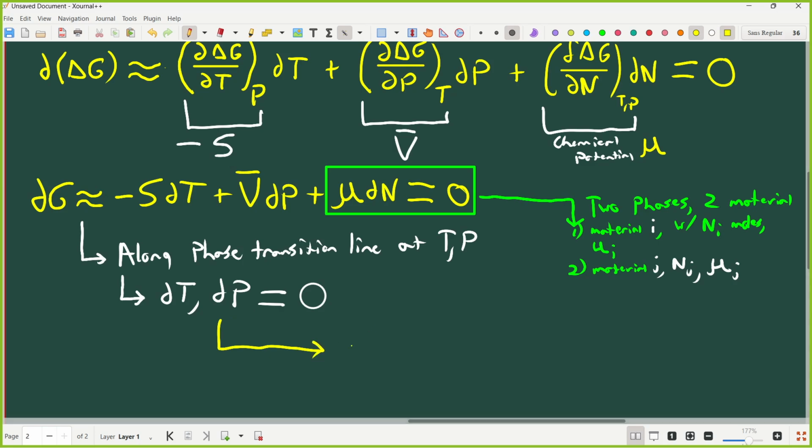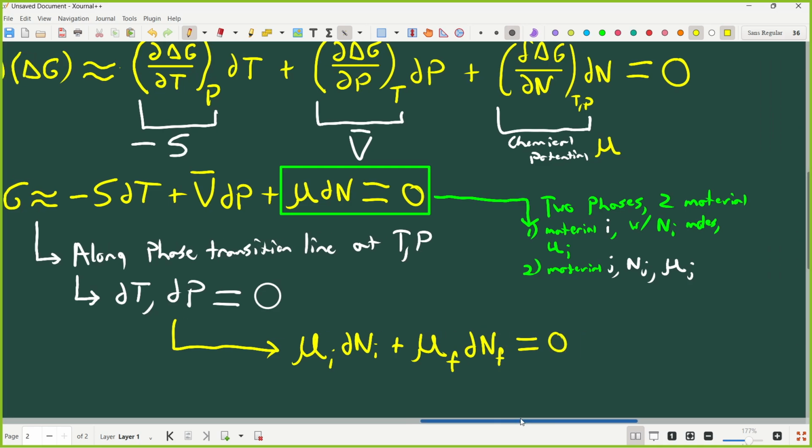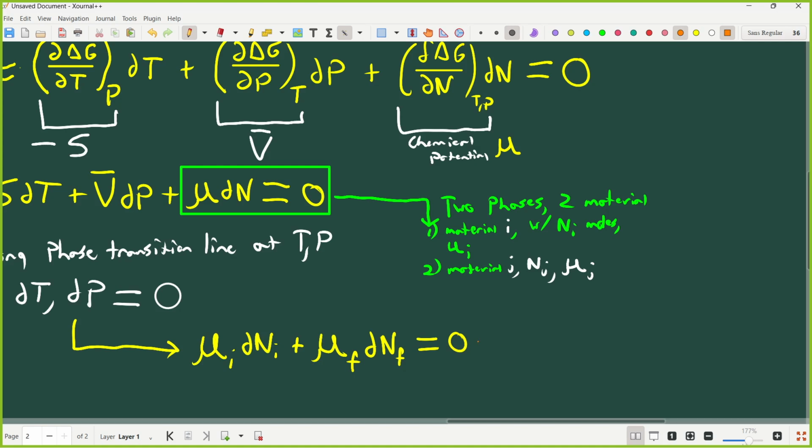And what we get is that mu sub I, our chemical potential, times the change in the number of moles of our initial phase, plus the chemical potential of F times dN sub F, is equal to 0. And I'm just going to rewrite this. It says that mu sub I dN sub I is equal to minus mu sub F dN sub F.